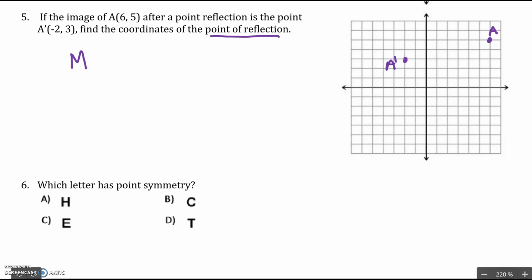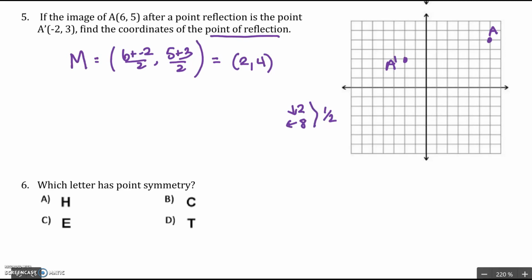You can use the midpoint formula, averaging your x's and averaging your y's, and you would get 4 divided by 2, which is 2, and 8 divided by 2, which is 4. Or you could count how far it takes: down 2, left 8 to get from A to A prime. Then you cut that in half and only go down 1 and left 4. Either way, you're still going to get the coordinates 2, 4.